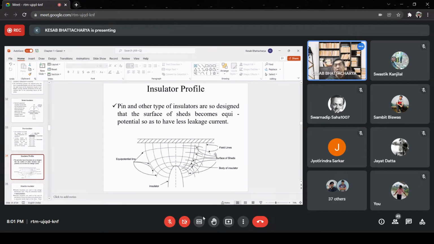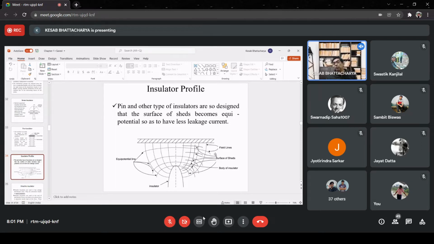If we can develop the insulator so that the rain shades lie along the equipotential lines, then what will happen? On an equipotential surface, we know no current can flow. Similarly here, if we design the insulator profile in such a way that the rain shades lie along the equipotential lines, then leakage current, theoretically at least, will not flow along the rain shades.